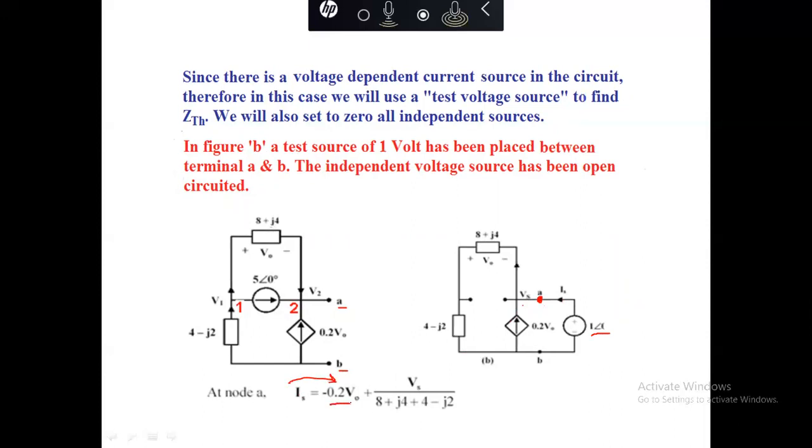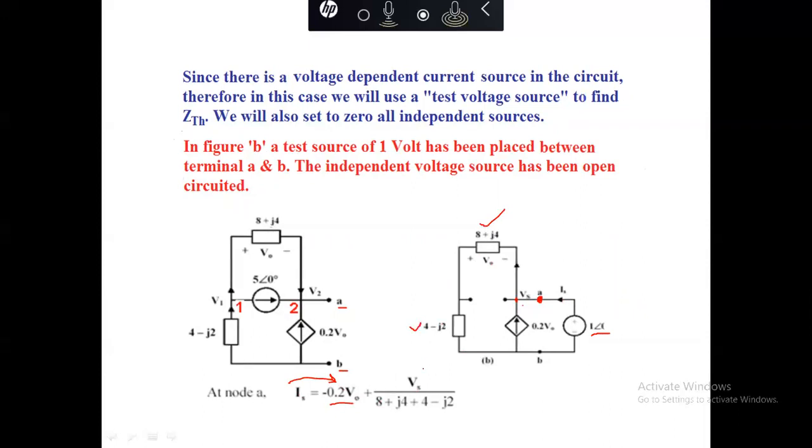It is minus 0.2 V0, and this Vs voltage at this point divided by this entire impedance, which is 8 plus J4 and 4 minus J2.